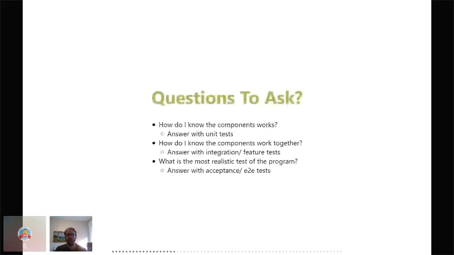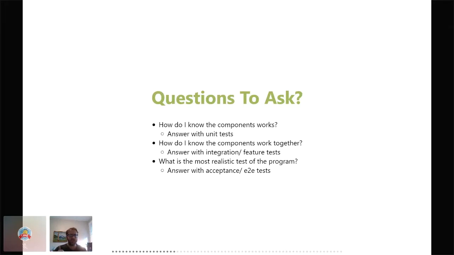And so going over our questions again: how do we know the components work, each individual one? We use unit tests. How do we know they work together? We use integration tests. Then how do we get a realistic test of the program, how do we know that it'll be used correctly, the way the user wants to use it? That is something acceptance tests can answer for us.